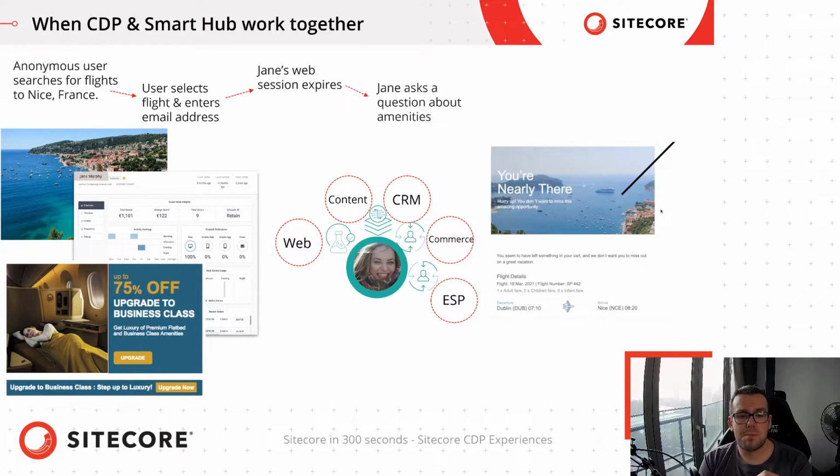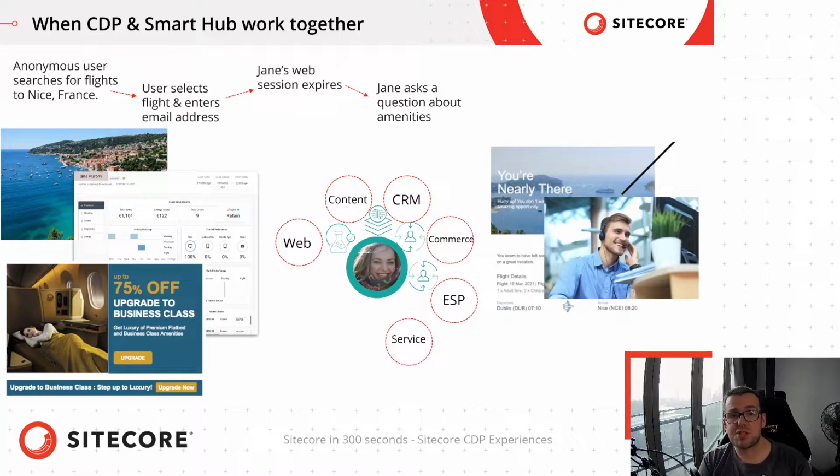So right, at some point she's still not sure about booking the flight, so she is actually calling our customer service hotline, and the customer service representative is now able to look up her profile and see the flight that she was interested in. Maybe even pull up the offer as well.